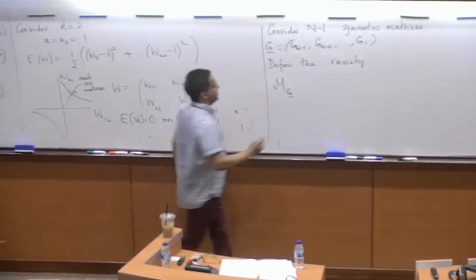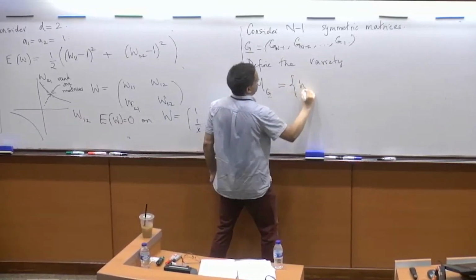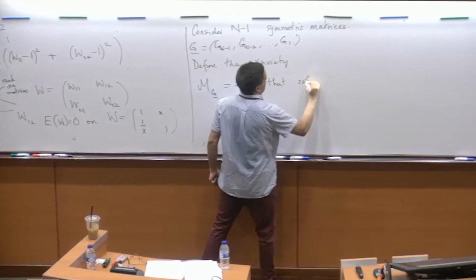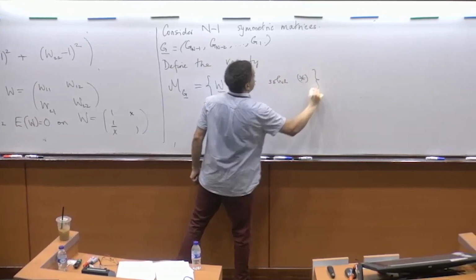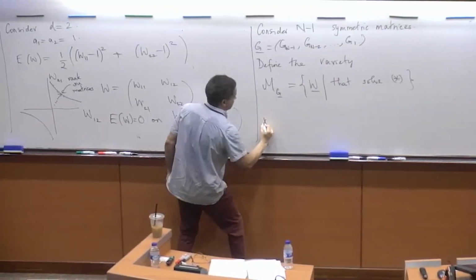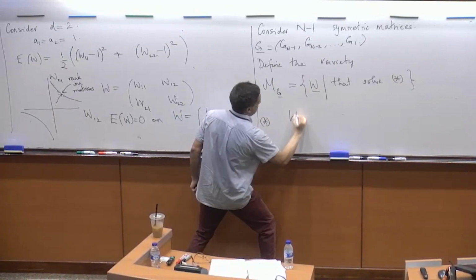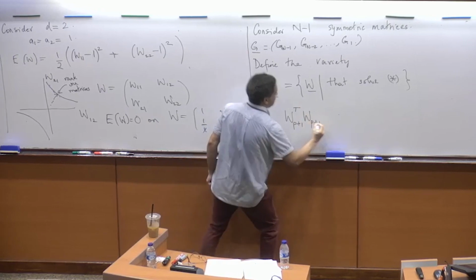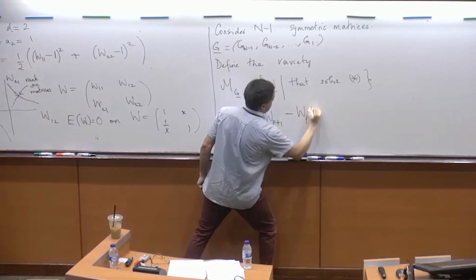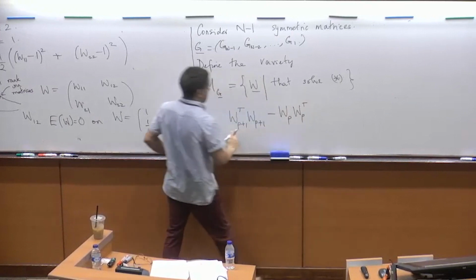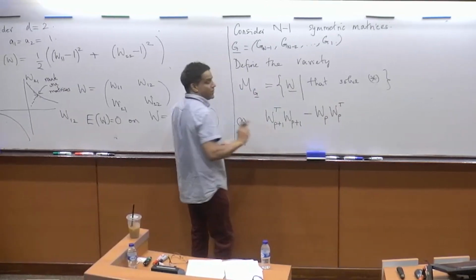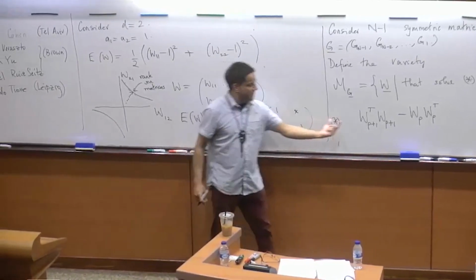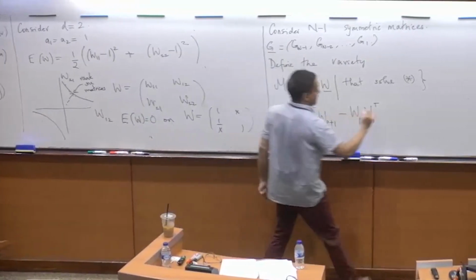So what's this variety going to be? It's going to be the set of matrices W that solve star, where star is a collection of equations of the form W_{p+1} transposed W_{p+1} minus W_p W_p transposed. These are D by D matrices, and with D by D matrices you have left and right polar decompositions, so it comes in different orders.